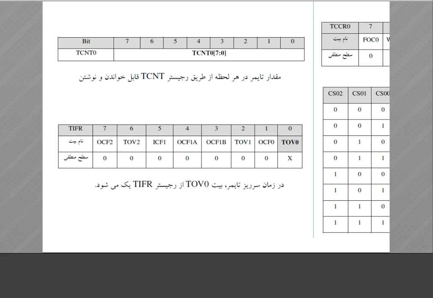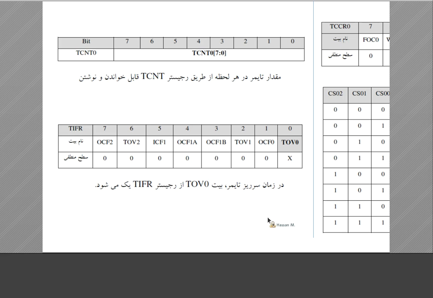Timer overflow means we have reached the top of the timer. From 0 to 255 means 256 time intervals, T cycles, and here each is 1 microsecond.